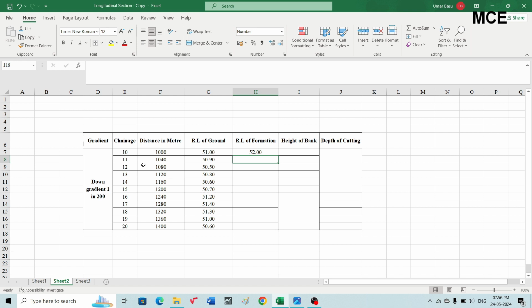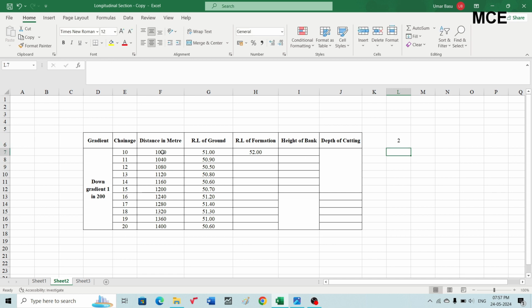Total distance from chainage 10 to chainage 20 is 1400 minus 1000, so it will be 400. Total distance is 400, and gradient is 1 in 200. So total fall from chainage 10 to chainage 20 will be 400 divided by 200, which is 2 meter.